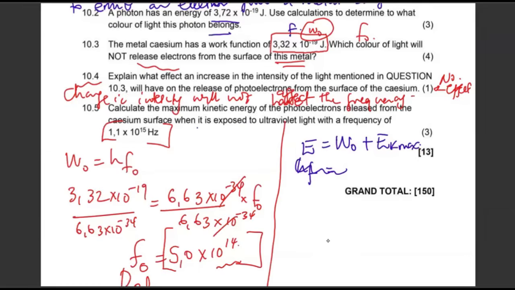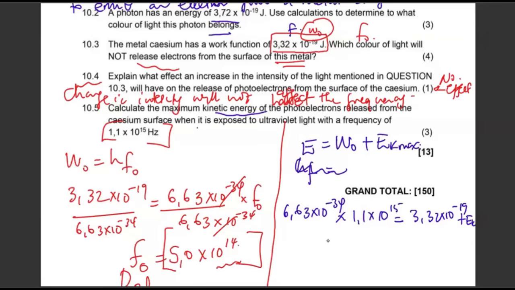So the E, we said it's h, 6,63 times 10 to the negative 34. And then the frequency we are having is 1,1 times 10 to the 15, is equivalent to the 3,32 times 10 to the negative 19. Question is asking, calculate the maximum kinetic energy. So plus EK max.